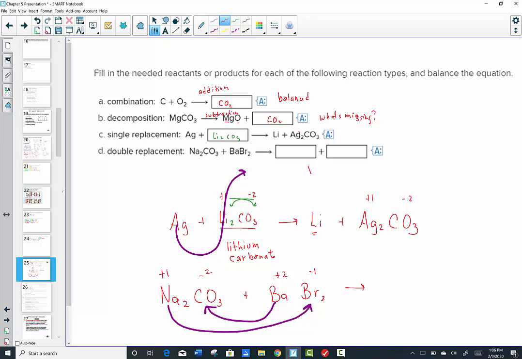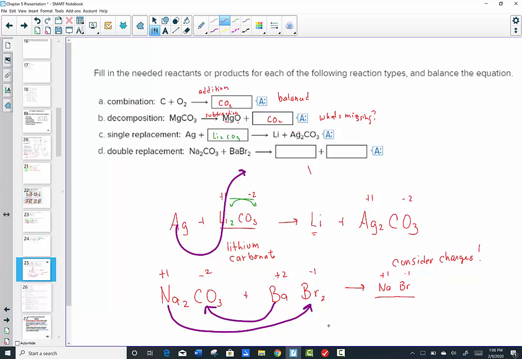When you write your formulas, remember to consider charges. When you are hooking to a new negative or a new positive, you have to balance that electrically. So when sodium, who comes as a +1, combines with a bromide, who comes with a Br, it's just simply NaBr.